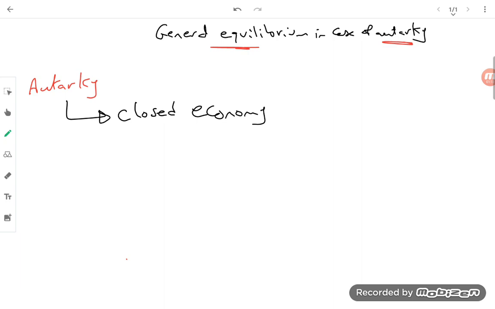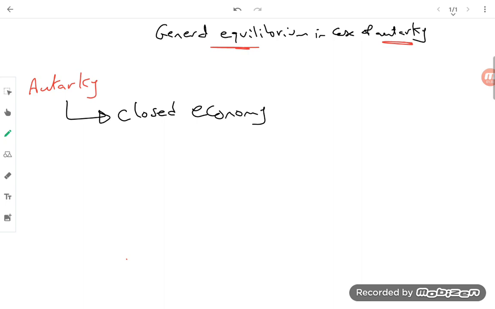So in this closed economy, what's going to be produced and consumed will be determined by demand and supply of people inside this country, and depends on factors of production found inside this country. So you cannot export or import anything, even raw material.